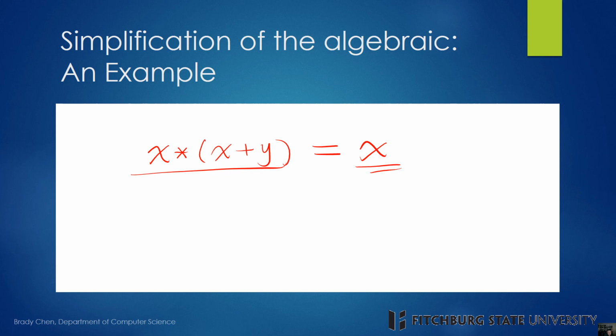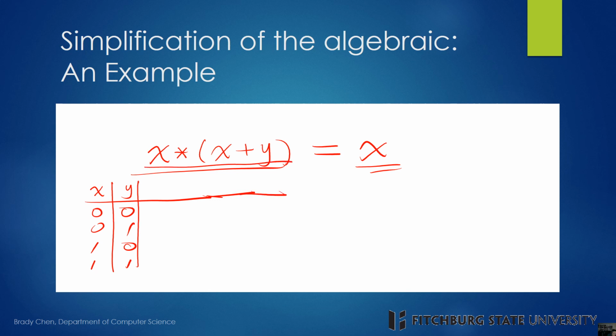So let's actually build a truth table to show this is the case. Now, for the truth table on the left side, there are two variables, x and y. So we have all the possible combinations of x and y. And then we try to figure out the value of this. Okay. So let's first build x plus y, and then we build x times (x plus y).